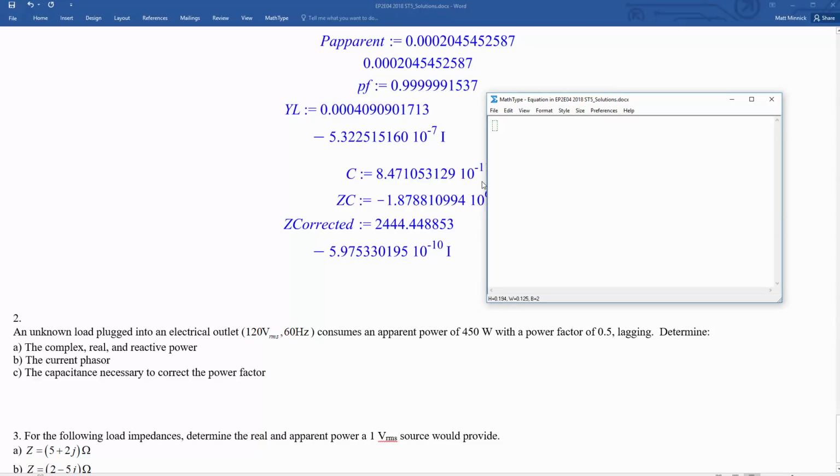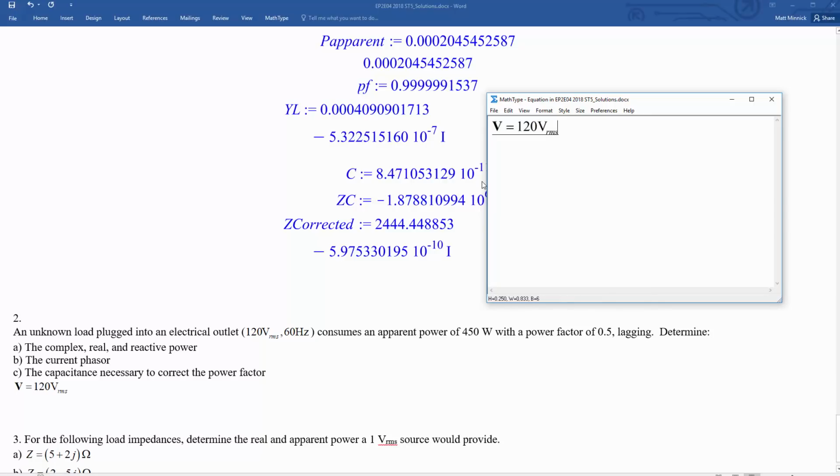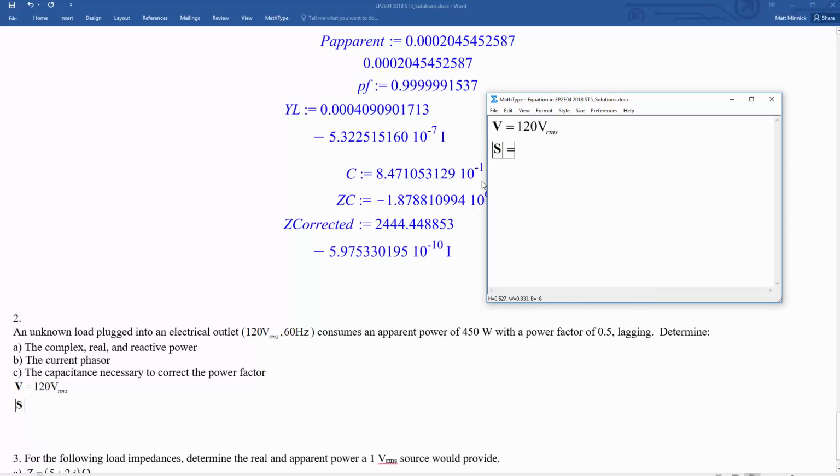Okay, so we're given the voltage information. So the voltage phasor is 120 volts RMS, and the apparent power, which is the magnitude of the complex power, is 450 watts. And this would be equal to the root of the real power and the reactive power squared and added together.